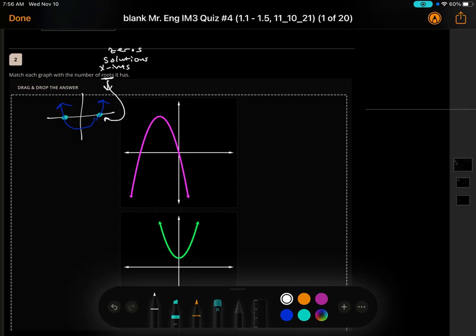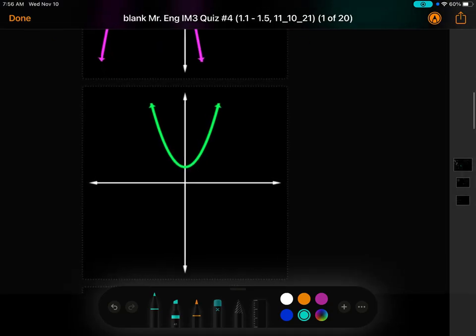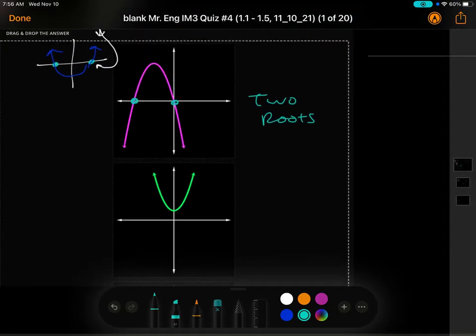Okay, so this graph here has how many? This one has 2. So this would be 2 roots. Okay, this one doesn't touch the x-axis, so this would be 0 roots. Or 0 real roots. This one has 2 real roots.